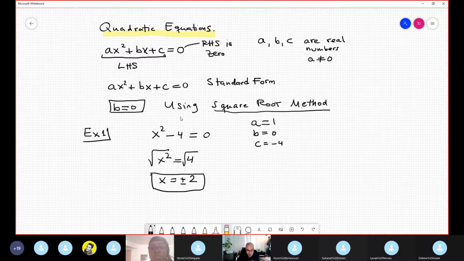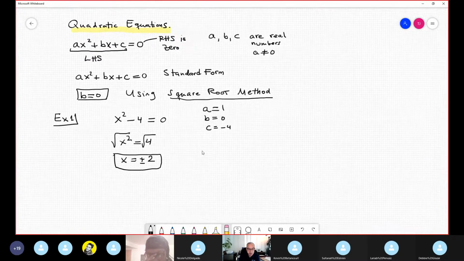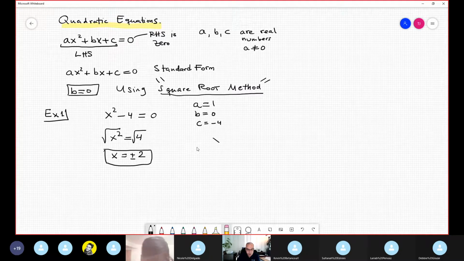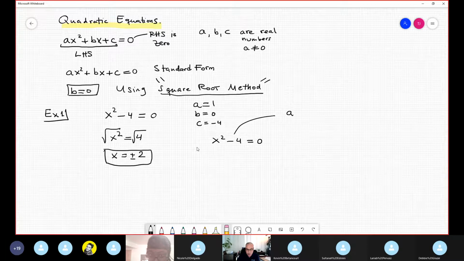Okay. Another point of view to understand this plus and minus. Why plus and minus, professor? Suppose that some students don't know the square root method, and solve by factorization. You immediately realize that this looks like a difference of squares.